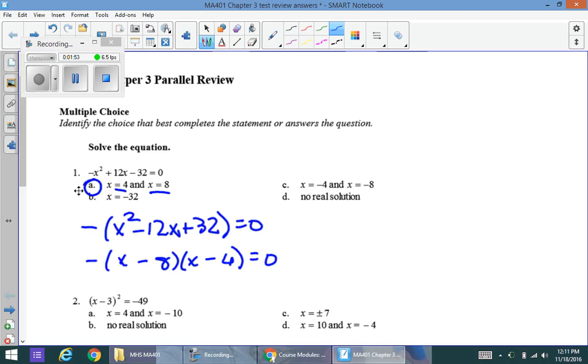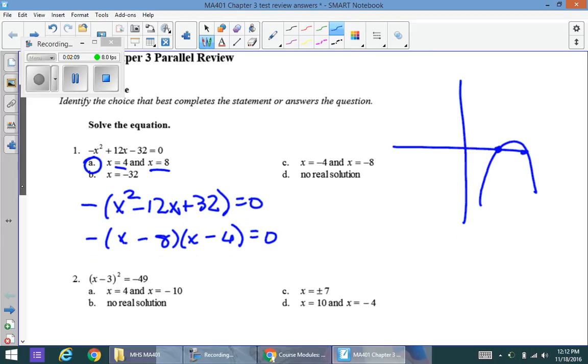Nope, it's not going to work today. But if you did put it in the calculator, what you would see is something like this, where this was 4 and that was 8. Alright, so that was factoring.